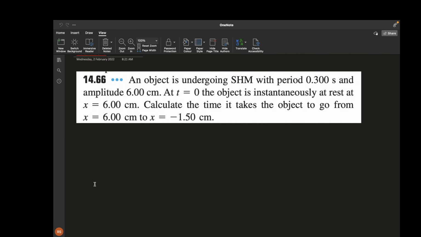So we are now looking at oscillation questions. Some of the questions we will take: an object undergoing SHM with a period of 0.3 second, up to 3 decimal places, and amplitude is 6.00 centimeter.